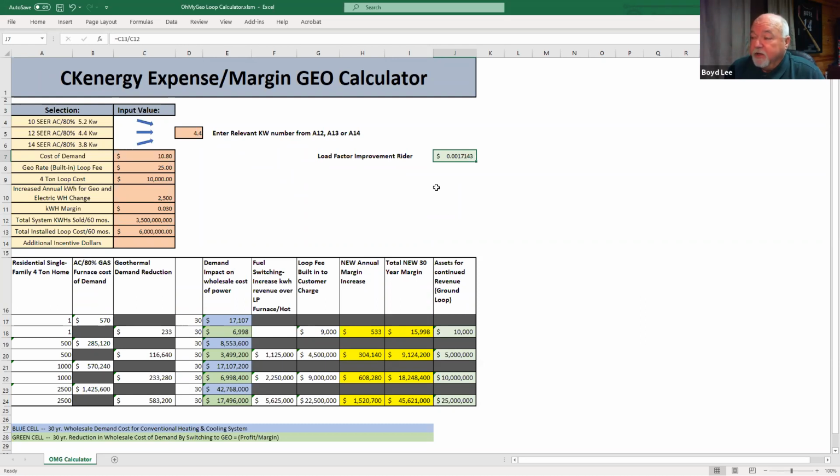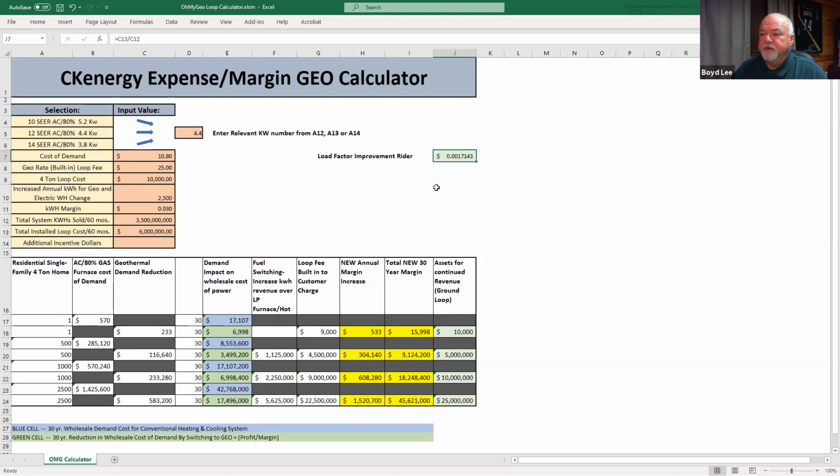It takes a lot of kilowatt hours for somebody to see any cost come. So by increasing our charges with a rider, each month to each kilowatt hour by 1.7 mils over 60 months, we have now, on behalf of our membership, purchased $6 million worth of money-making loop forever.